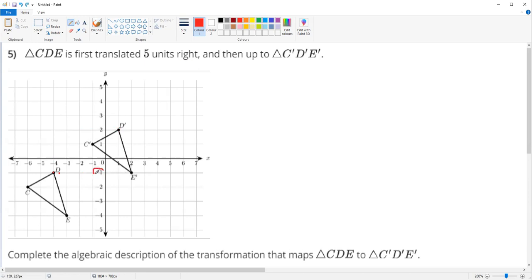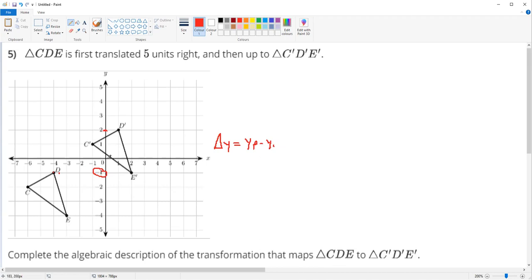-1. That's where my x value is, and my final x value is 2. And you can be like, okay, well, the difference between 2 and -1 is 3. Because it's my final, my delta y is going to be equal to my y final minus my y initial.